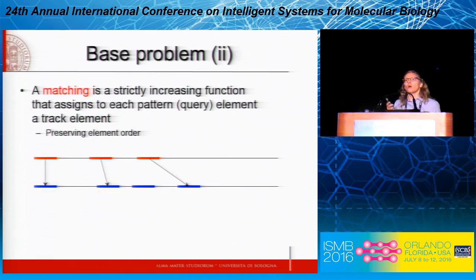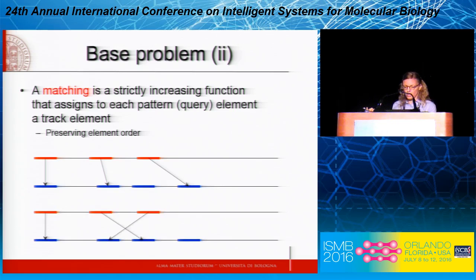So we are talking about occurrences, co-occurrences. We formally define the occurrences in terms of matching. A matching is a strictly increasing function that assigns to each pattern element a track element, preserving the element order, because we are working with aligned regions. So this is an example of a good match, and this is an example of a bad match because it doesn't preserve the order.